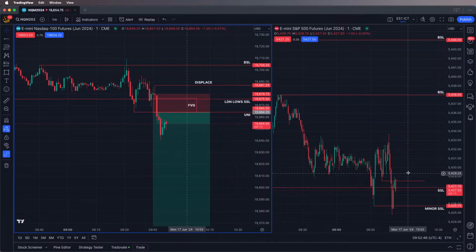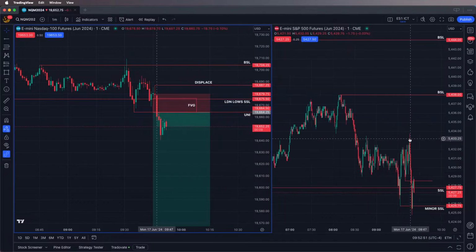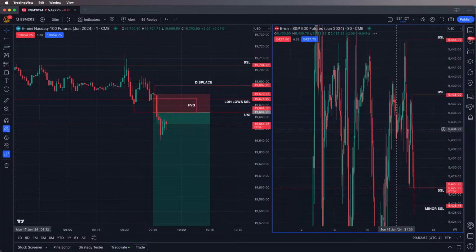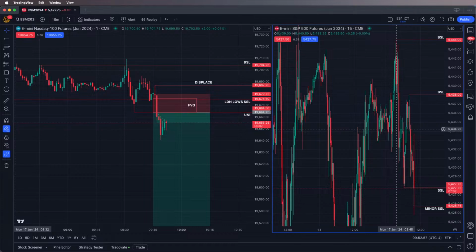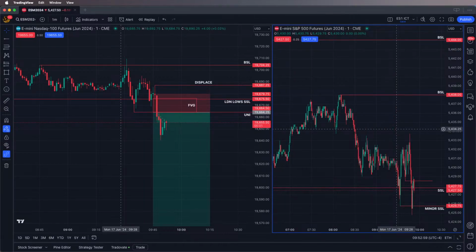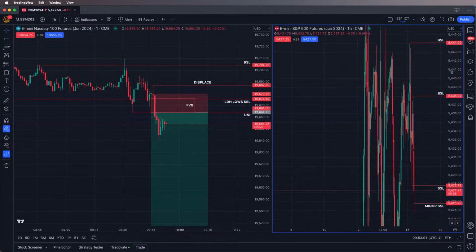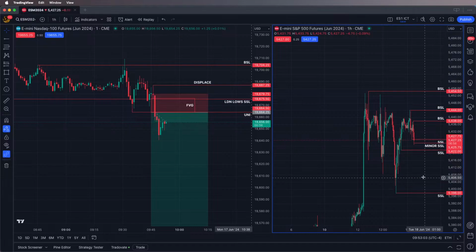ES has already tapped into that 1 minute bearish gap, so unicorn setup to go short. It's tapped a 30-minute bearish and a 15-minute as well. And then we got some clean lows on ES as well.